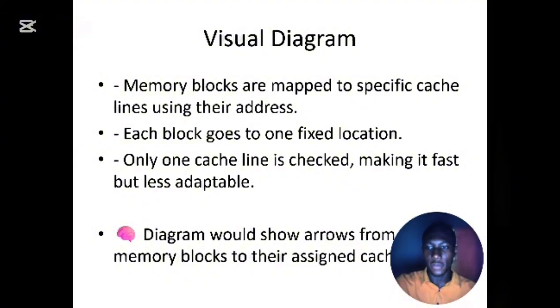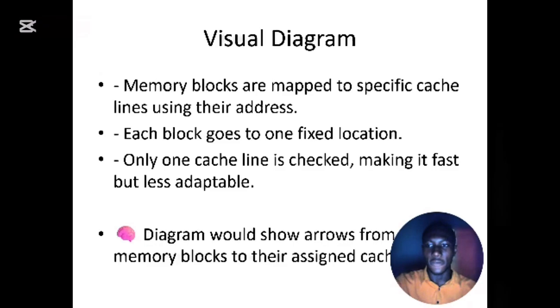Visual diagram. You can see how different blocks from main memory are mapped to specific cache lines. Each arrow shows a fixed destination where the CPU accesses a block. It goes directly to the line assigned to that block address and only compares the tag in that line.